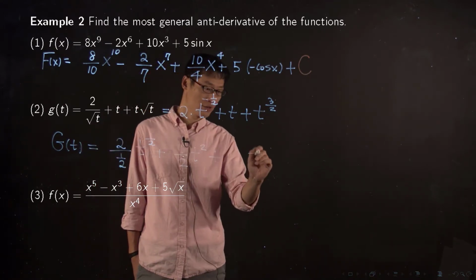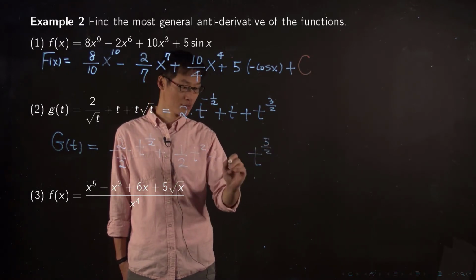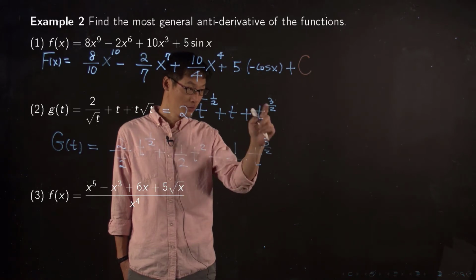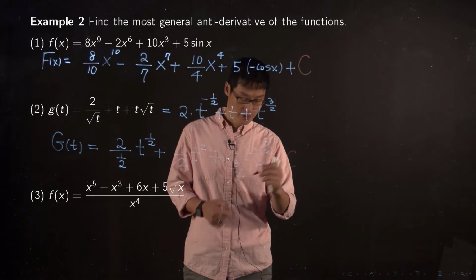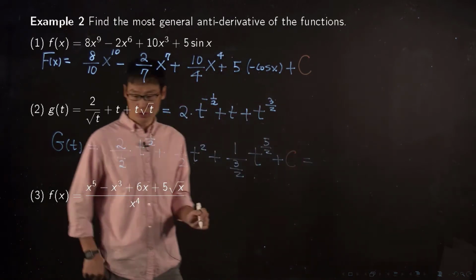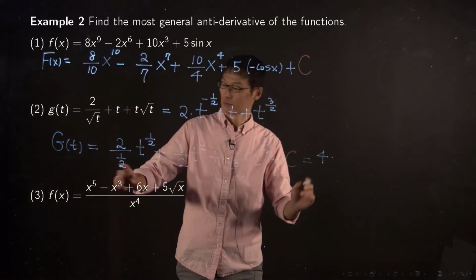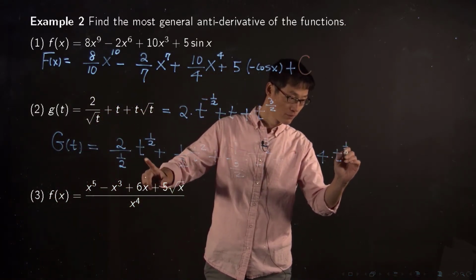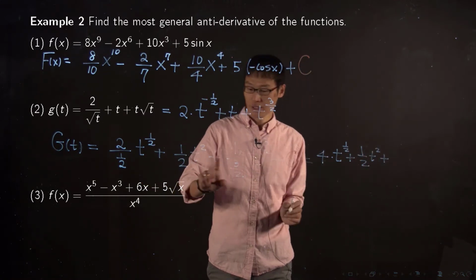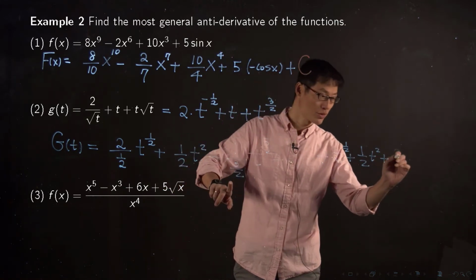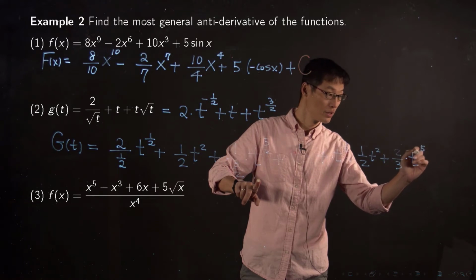And then the new power is 3/2 plus 1, 5/2, 1 over this power, 3 over 2, plus constant. And you may want to rewrite a little bit. This is 2 times 2, and then a copy of t squared. And then, well, you can flip this, 2/3 t to the 5 over 2.